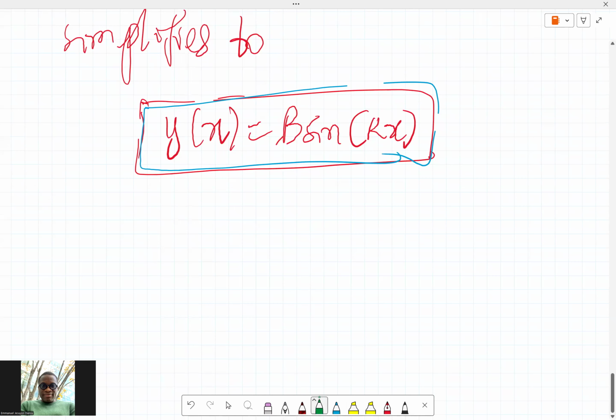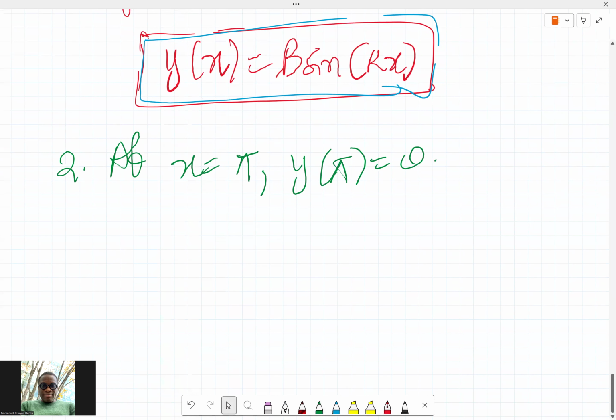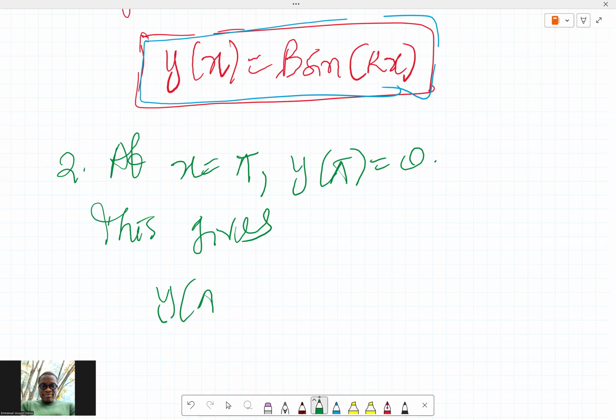What about the other one? Number 2, at x equals pi. Now that's the other end. At x equals pi, we have that y of pi again is still 0. So this gives that y of pi is simply equal to b sine k pi.